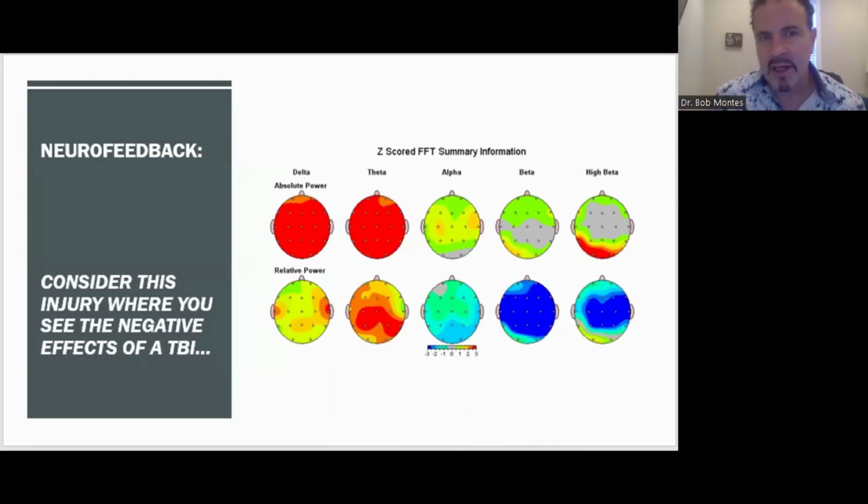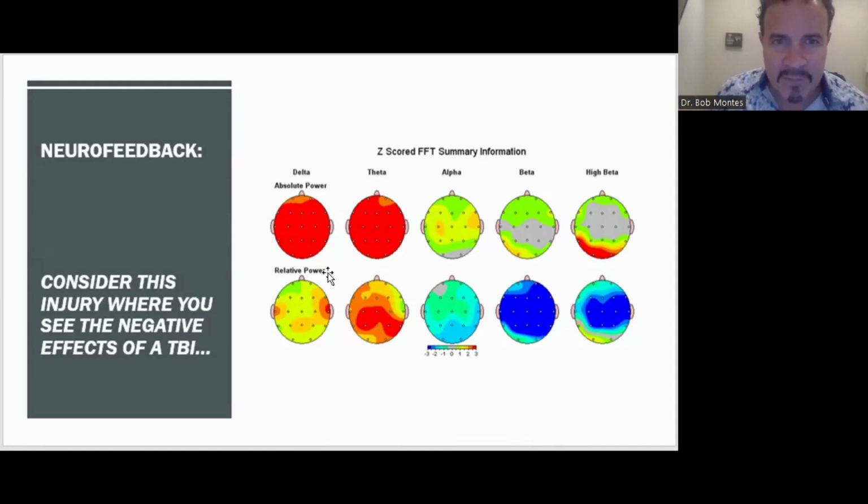Here's an example of an individual that suffered a trauma to the brain. Notice that in the delta region and in the theta region, we're seeing global damage to the brain, so that the EEG is now amplified to such an extent that the entire brain is being overworked with high amplitude delta and theta waves.